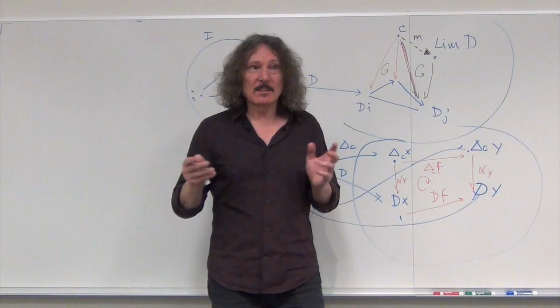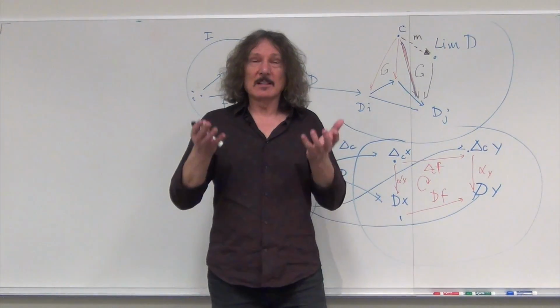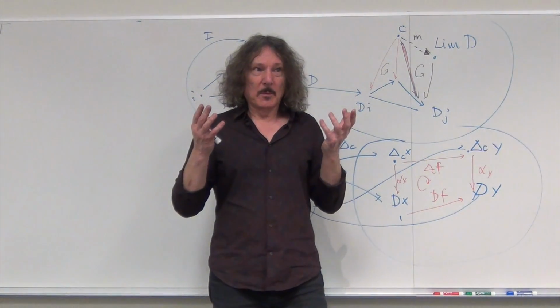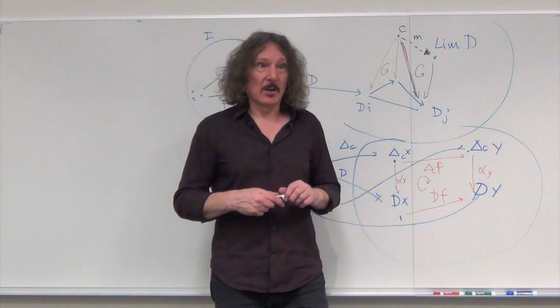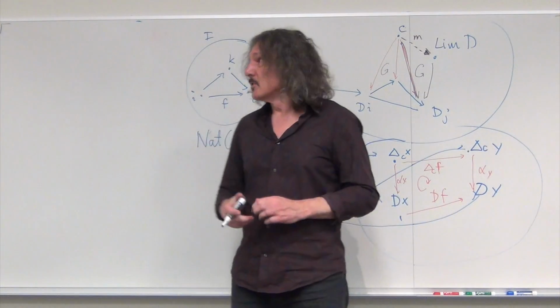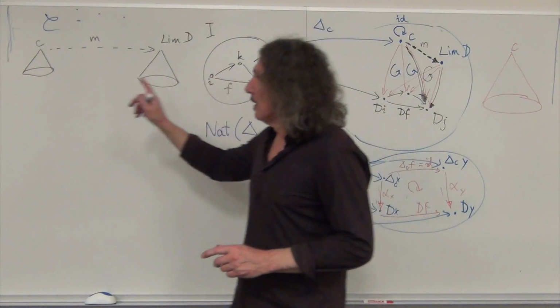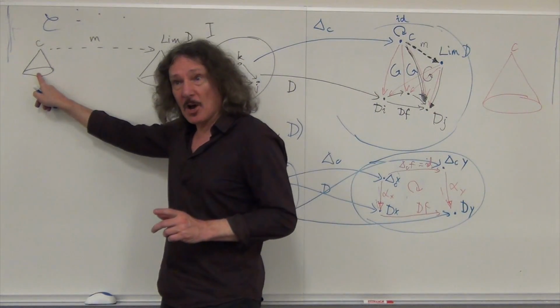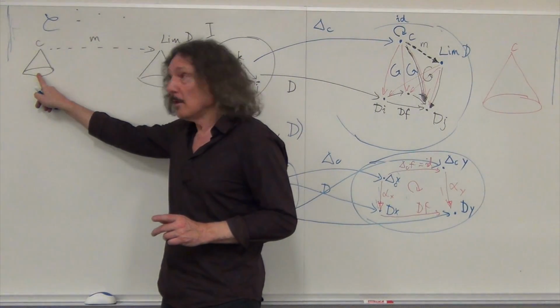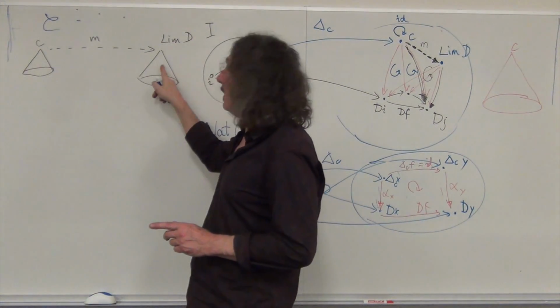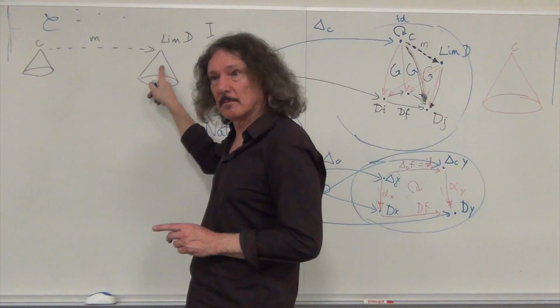But for that, we need to go a little higher in our abstraction ladder. We have to objectify cones. So we make cones objects. So for every cone, we have a unique morphism going from this cone to the limiting cone.